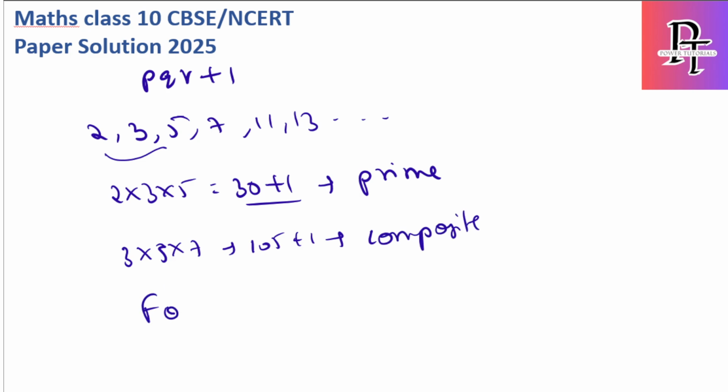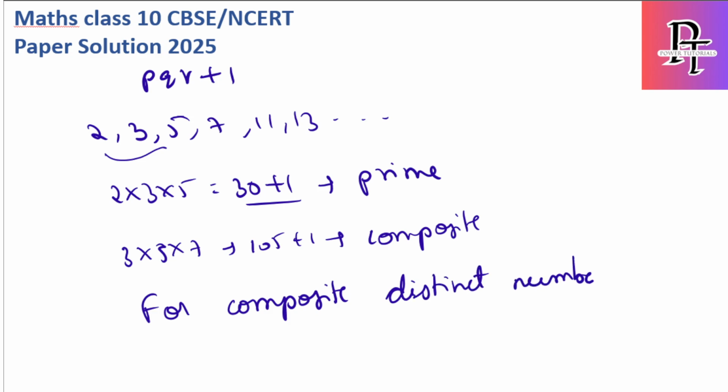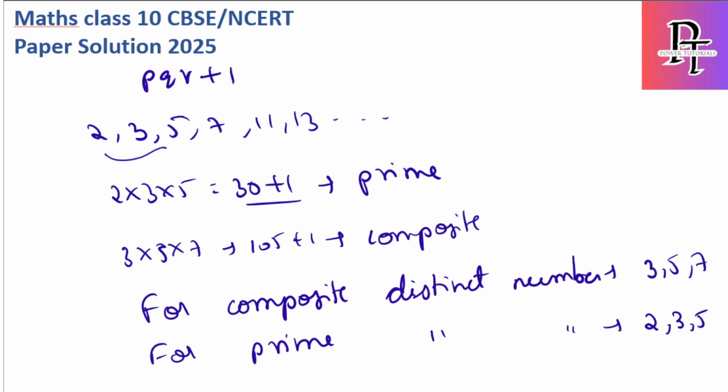For composite, the distinct numbers are 3, 5, 7, whereas for the prime number, the distinct numbers are 2, 3 and 5.